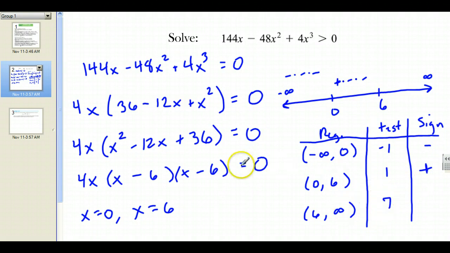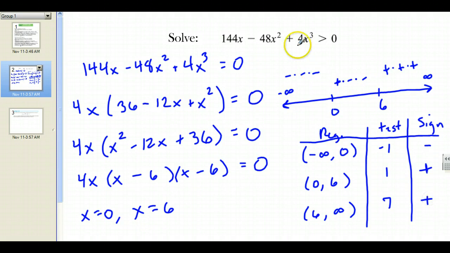Then if I plug in 7, 7 times 4 is 28, which is positive. Then 7 minus 6 is 1, which is positive. Times 7 minus 6 again is 1, which is positive. And positive times positive times positive is positive.